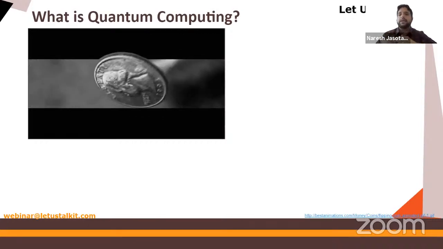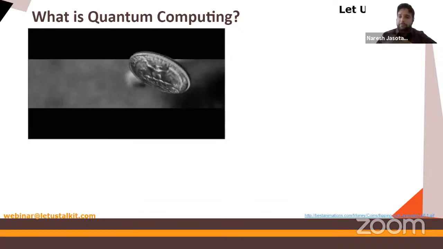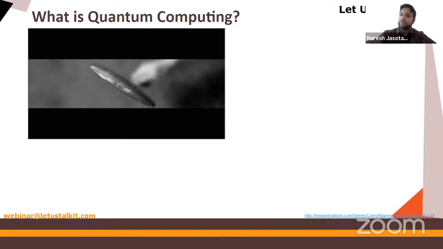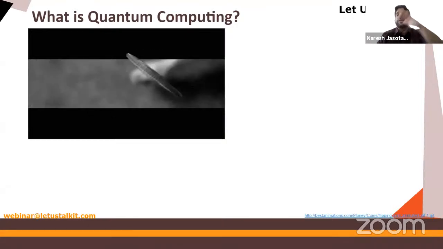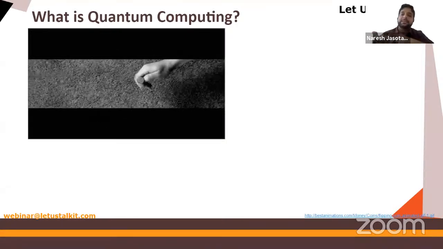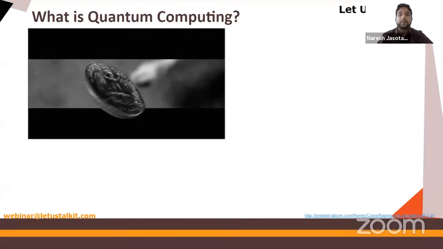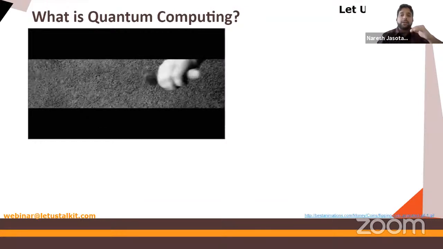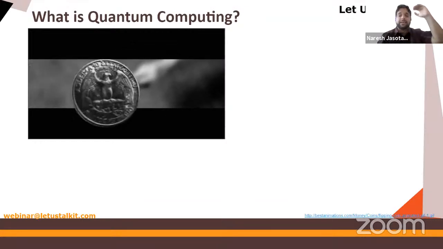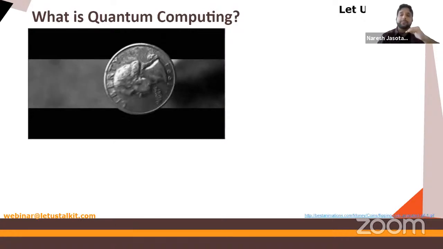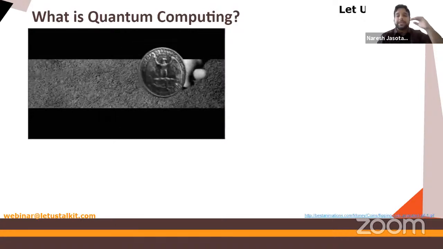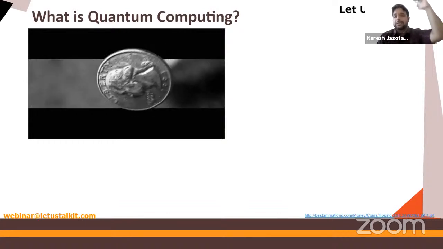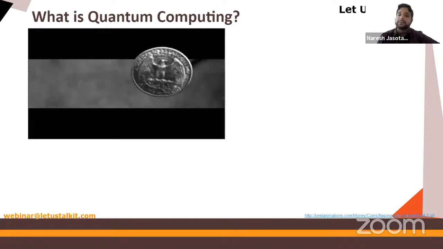If you and I have to do a coin flip to find out whether it's going to be heads or tails, I'm going to flip a coin, wait for the coin to be at rest, and then see who wins the toss. Now imagine a situation wherein the coin is still in the air, it's not at rest. It goes through a series of heads, tails, heads, and tails before it comes to rest.